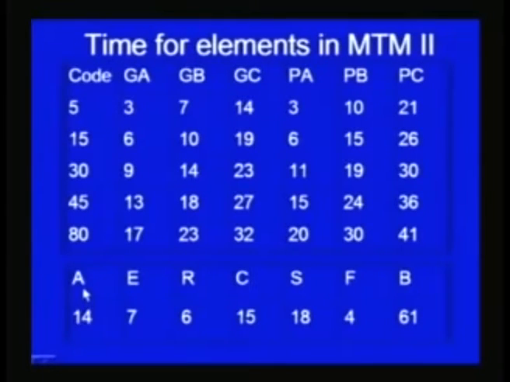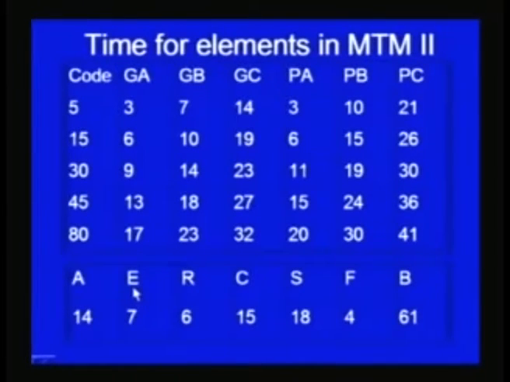Here A, E, R, C, S, F and B are other basic motions which are allotted time values in TMU. Here A stands for apply pressure and the time allotted is 14 TMU.